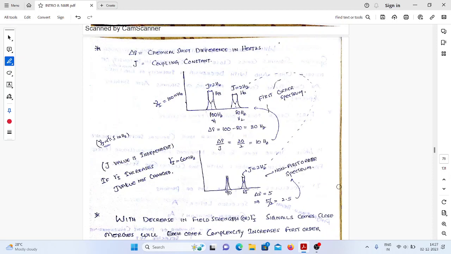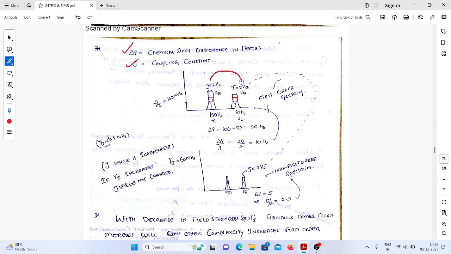Okay, here is the example. Delta mu is the chemical shift difference in hertz. J is the coupling constant. Assume we have one hypothetical molecule, the same hypothetical molecule we're taking here also. Two protons are there, HA and HB. Coupling constant means the distance between these two lines, or the distance between these two lines. So these two protons are adjacent to each other.